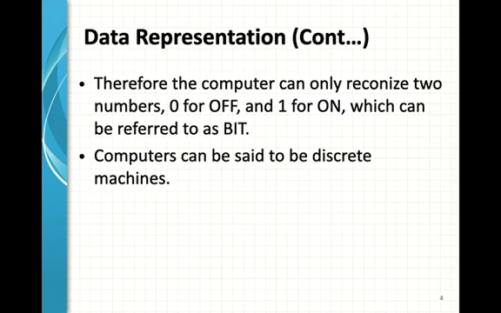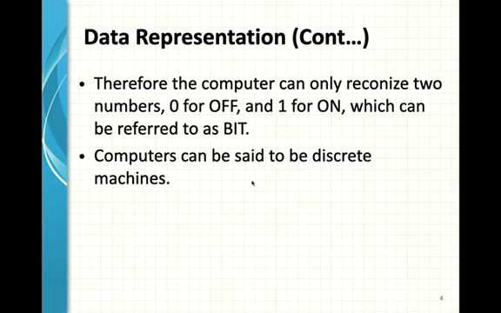Therefore, the computer can only recognize two numbers, 0 for off and 1 for on, which is referred to as binary. 0 is a bit, 1 is a bit, only two forms of representation in the computer, and that's why it is called a bit. Since the computer doesn't understand anything between 0 and 1, we can also say the computer is a discrete machine.